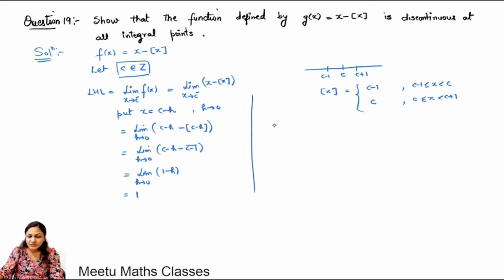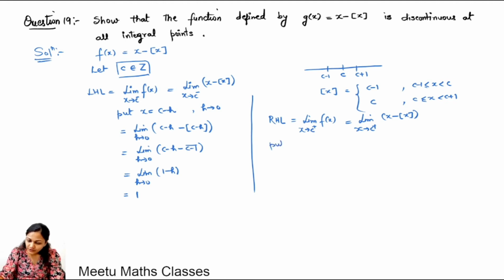Now we are also going to calculate the right hand limit, and right hand limit is the limiting value of your function as x tends to c plus, and to the right of c, your function definition is x minus greatest integer function of x.